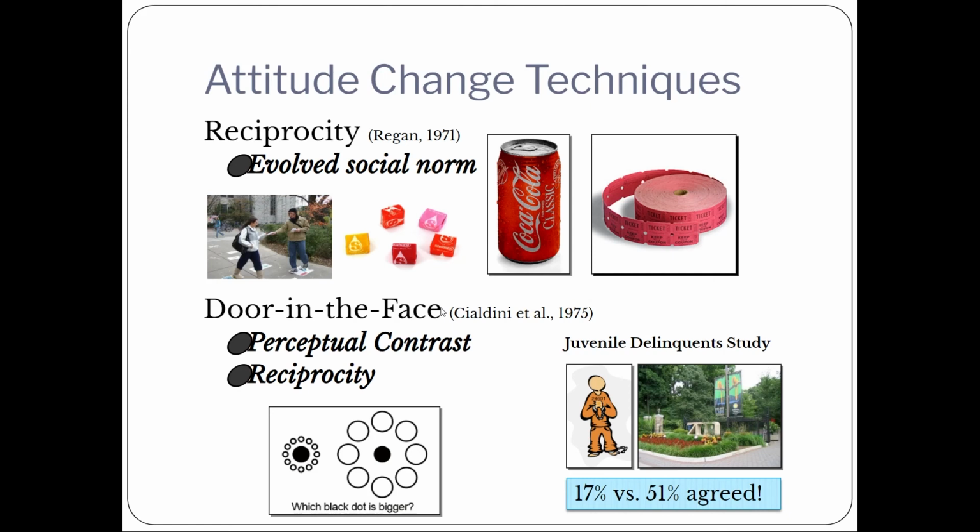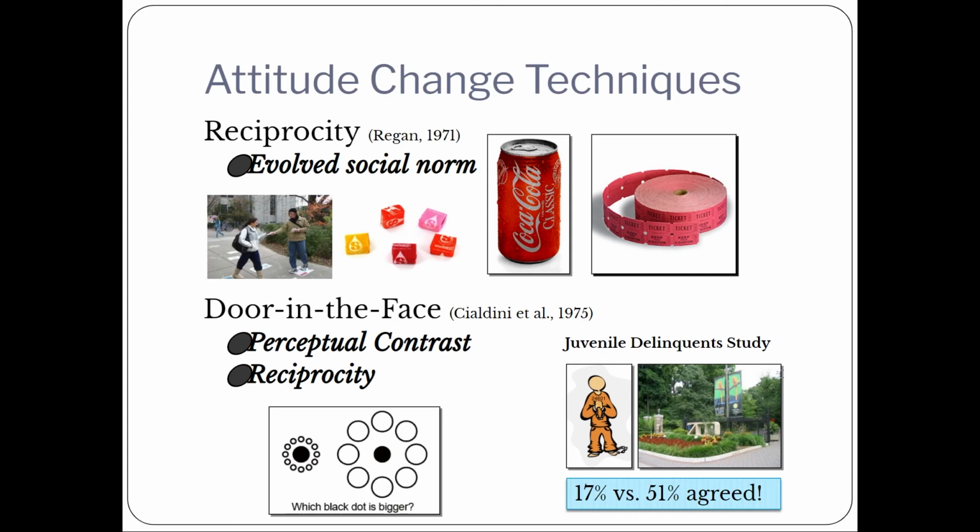The second mechanism is reciprocity. How reciprocity works is that the researchers start with a big request and then they back down. And by backing down, it feels like the requester is doing a favor for the other person, right?